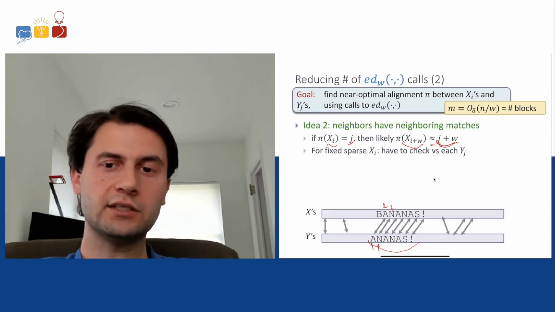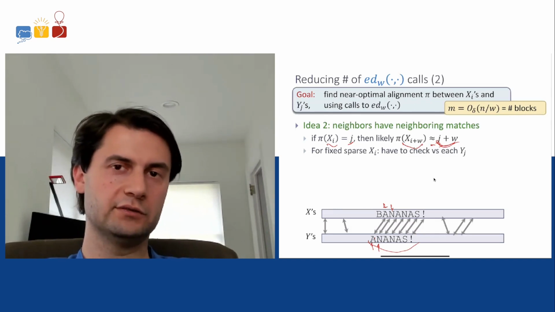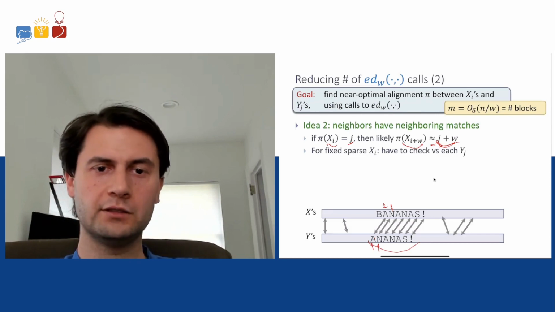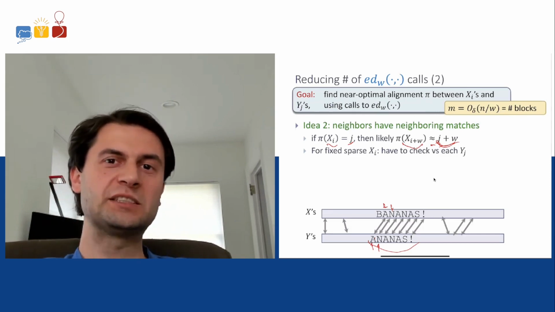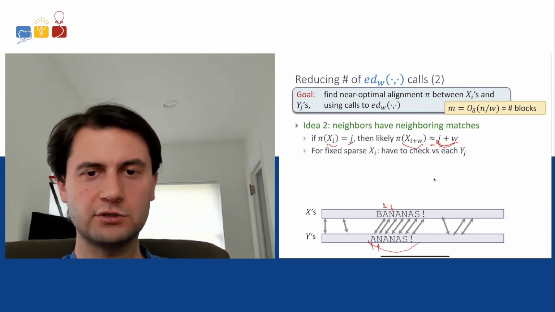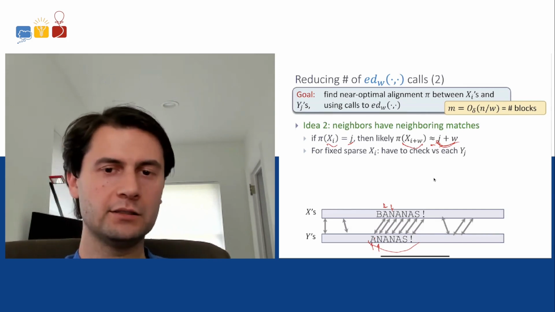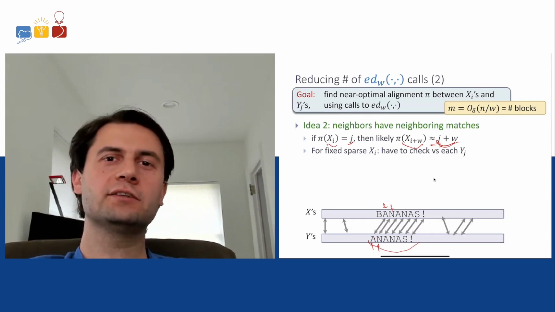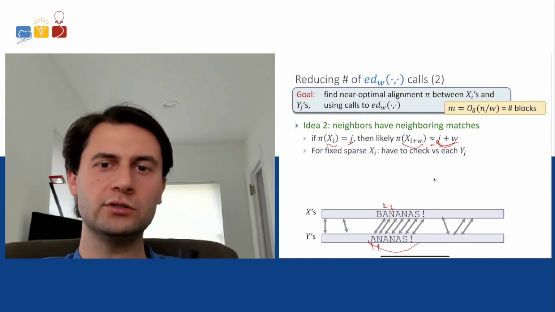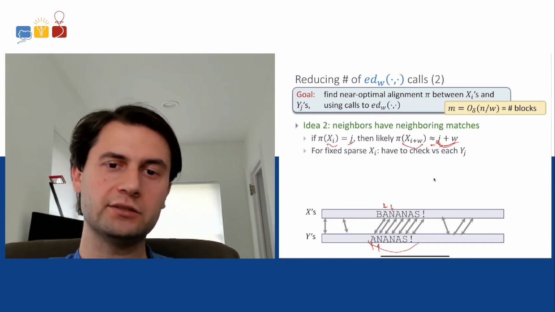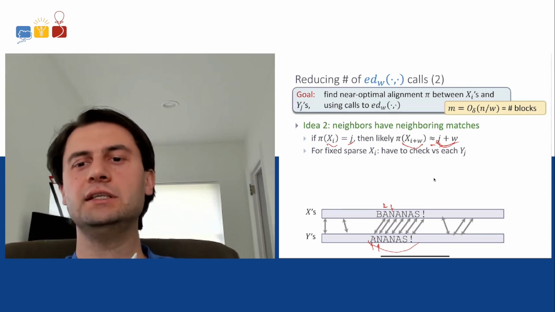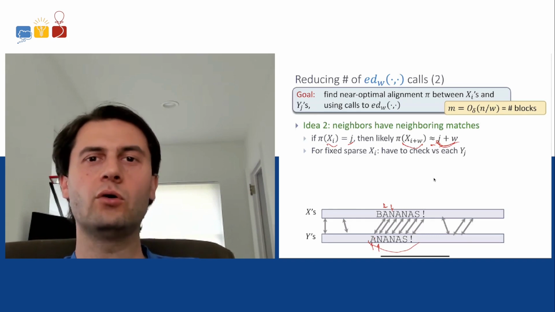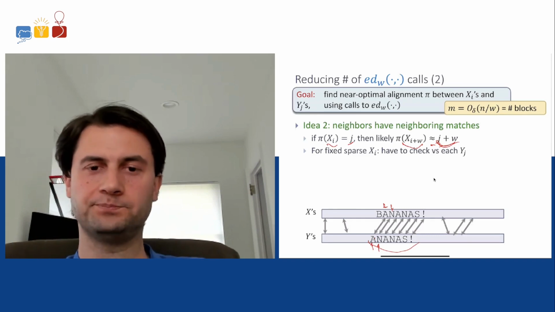Here is how we can use this, slightly more formally than I said so far. Fix some sparse xi. This is the first sparse xi that we look at, so we don't really have much information to go on. We'll have to check that particular xi against all possible y's, and find all the yj's which are close to it.